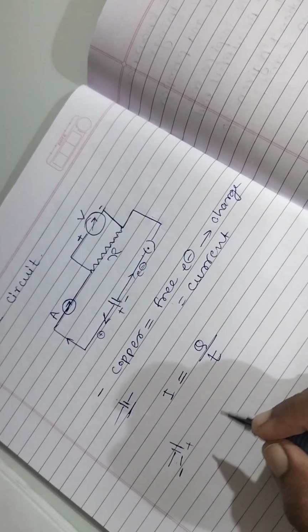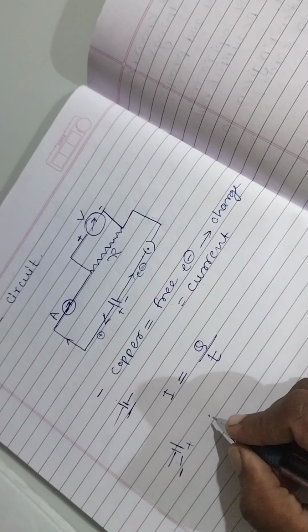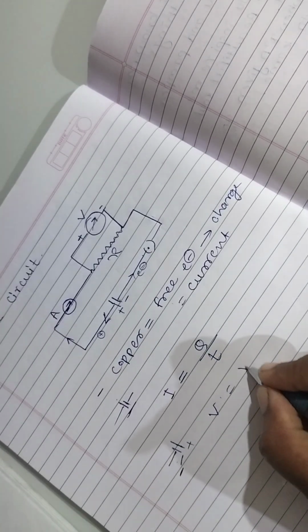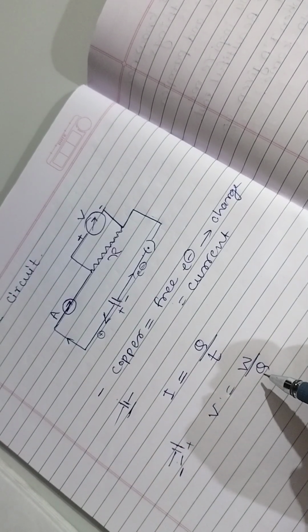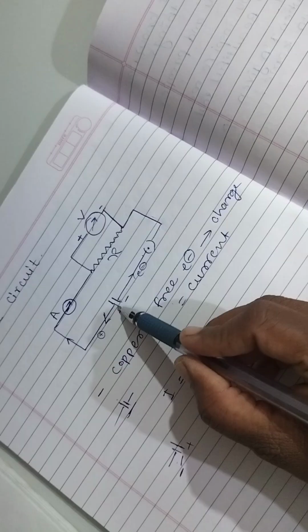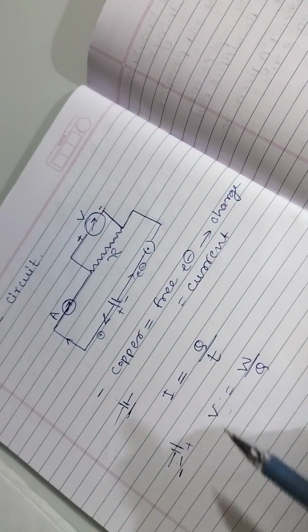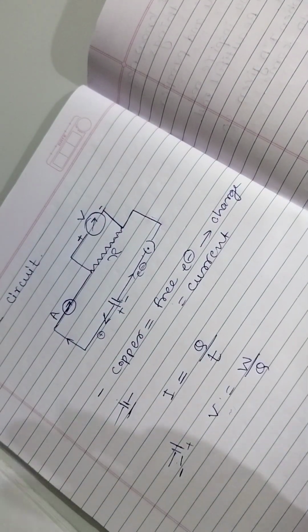So potential difference is nothing but the work done per charge Q, right? Where is this potential difference generated? Between these two ends. When the two ends are there, of course one is high and one is low, right?